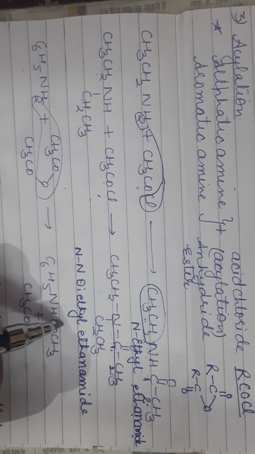So you select the parent chain that carries the functional group. This is a two carbon atom chain, so ethanamide, and N-phenyl. So the name is N-phenyl ethanamide. So acylation you can do with the help of acid chloride and acid anhydride.